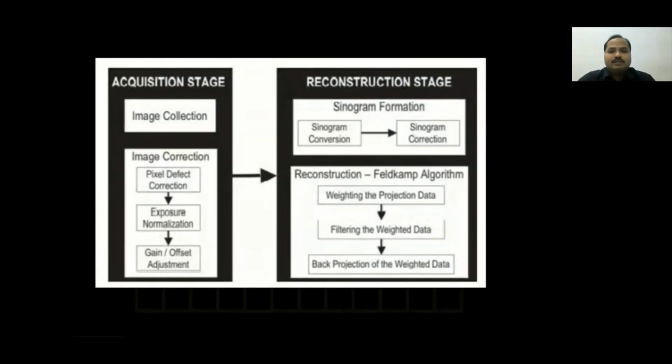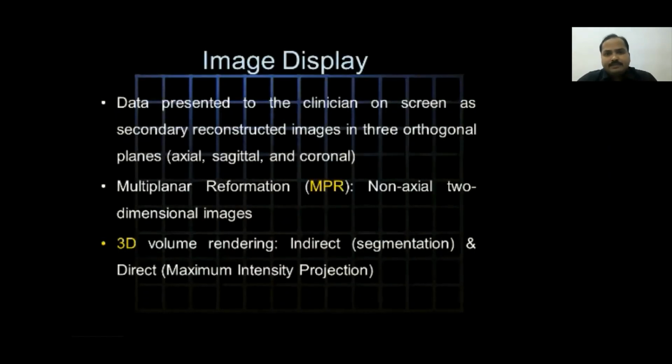Okay. Now this is the flow chart for the acquisition and reconstruction phases in CBCT. In acquisition, there is image collection and correction, and then in the reconstruction stage, the sinogram formation and the Feldkamp algorithm take place to make the volumetric data set. Then the image display or reformatting will also take place.